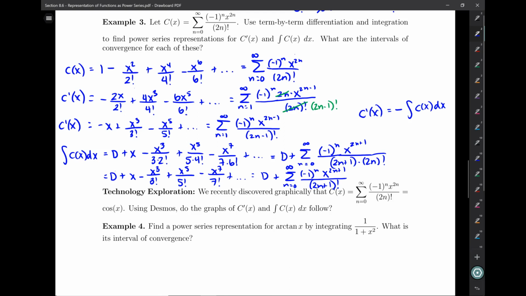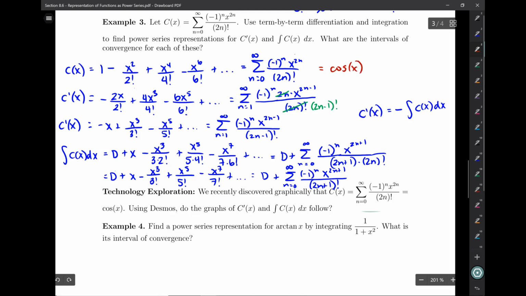Now, it actually is not coincidental. If you recall recently, we discovered graphically that this power series representation is actually the cosine function. We went through and did the nth partial sum, and we saw that it appeared to just graph the cosine function. And that is true. This is equal to cosine of x.